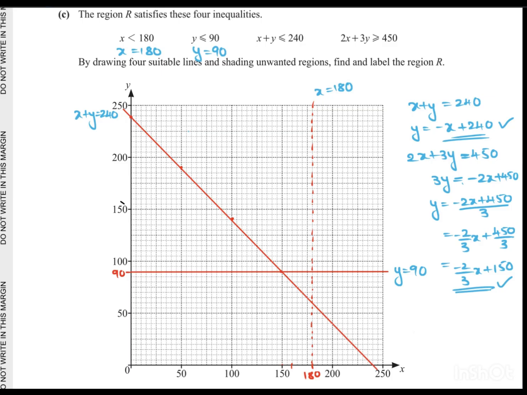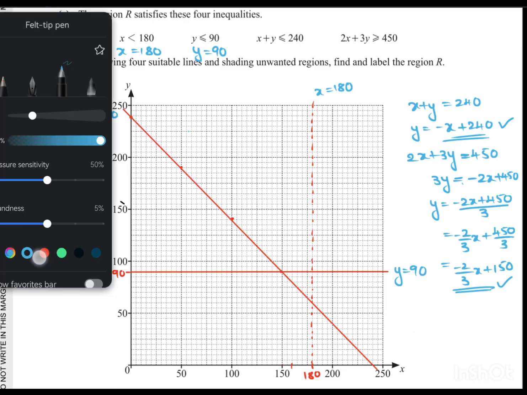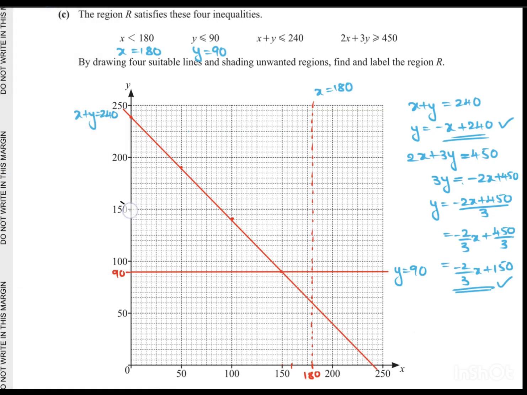This is done. Now the last line, minus 2 by 3 x. So I will mark the points. Minus 2, y intercept is 150. 150 we will mark here. Minus 2 will be below, you should go 2 boxes below, and 3 boxes right here.